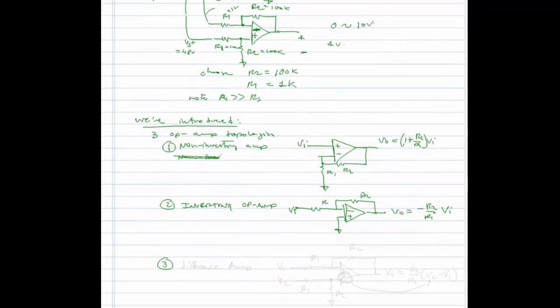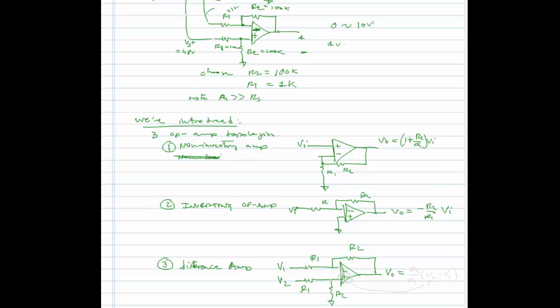And finally, we have the difference or differential amplifier, difference amp, which looks like this. I have R2, R1, R1, R2, and we'll say this is V1 and V2.